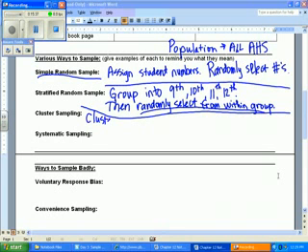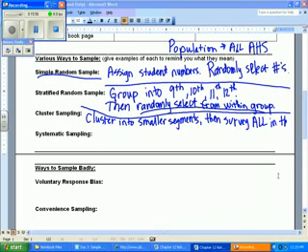Okay, so cluster into smaller segments. Then survey all in that cluster.